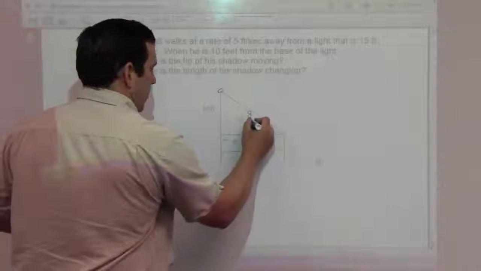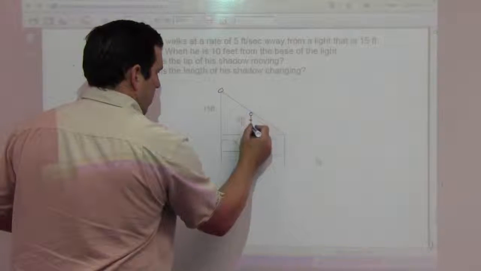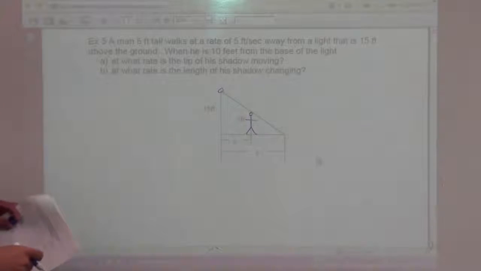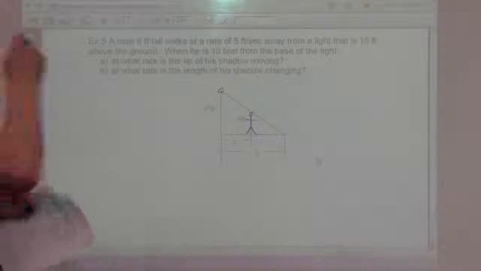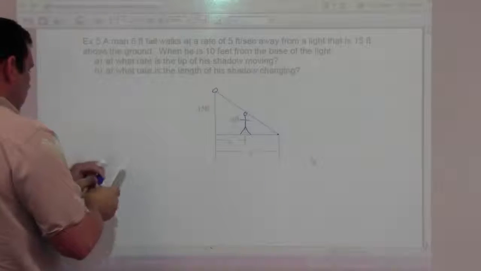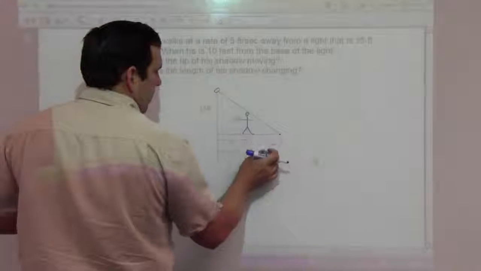Here's the man. From a light that's 15 feet above the ground. When he is 10 feet from the base of the light, at what rate is the tip of his shadow moving? And at what rate is the length of his shadow changing?